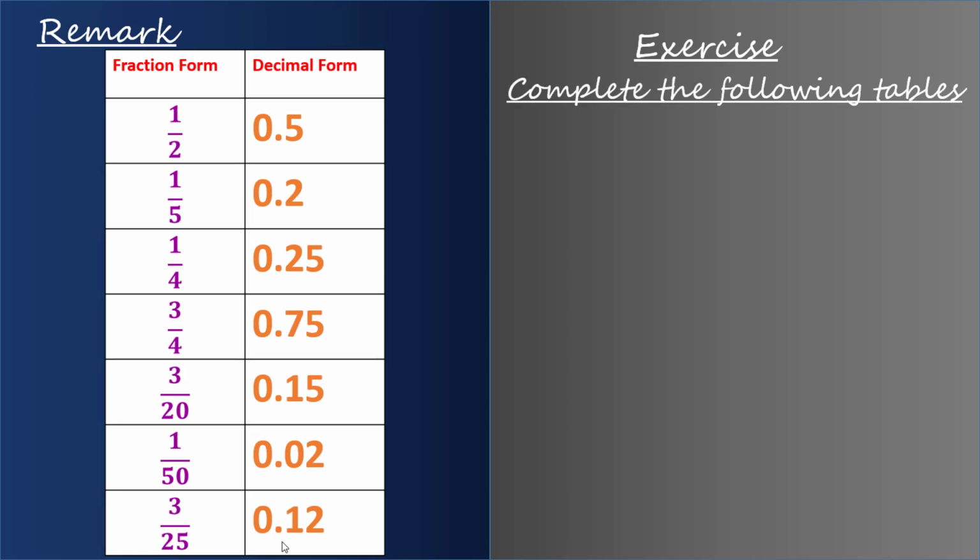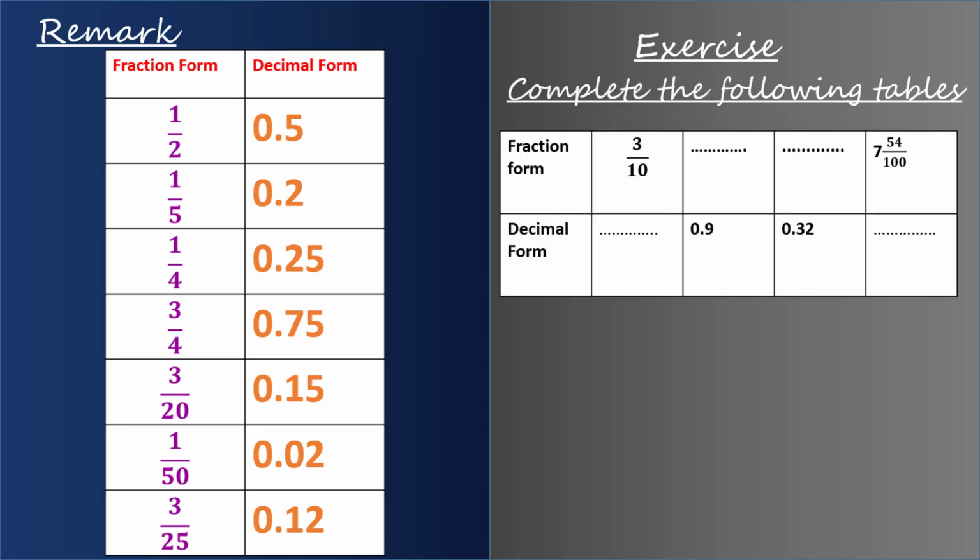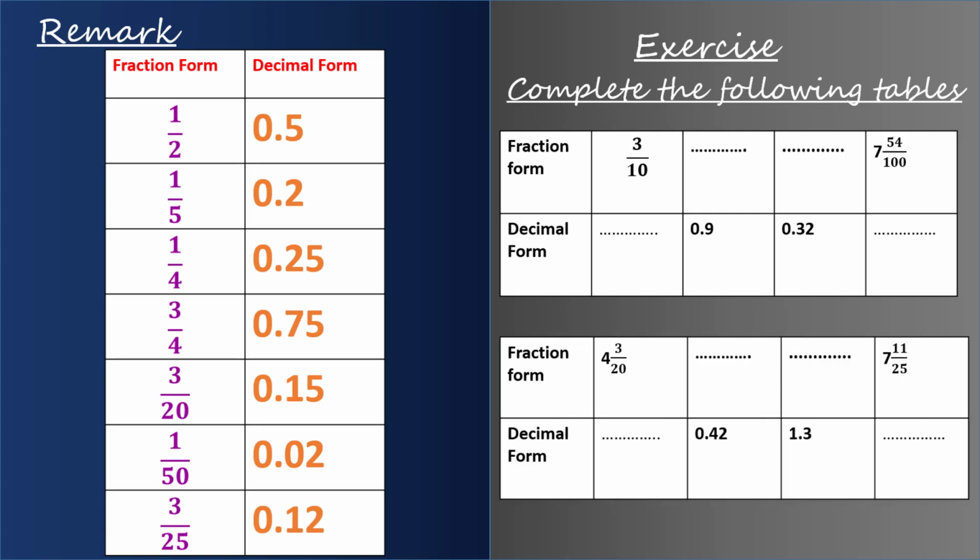He said complete the following table. We have here a fraction form, 3 over 10, so the decimal form is what? And we have here the decimal form 0.9, so the fraction is what? And 0.32, the fraction is what? 7 and 54 over 100. So this is a mixed number. So what is the decimal form here?